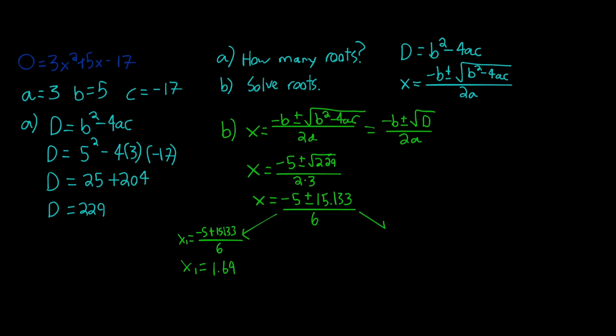And x2 is negative 5 minus 15.133 divided by 6, which gives me an answer of negative 3.36. So if x1 is r, which is 1.69, and x2 is s, which is negative 3.36, I get back that the x-intercepts, or the roots of my quadratic, are located at 1.69 and negative 3.36.